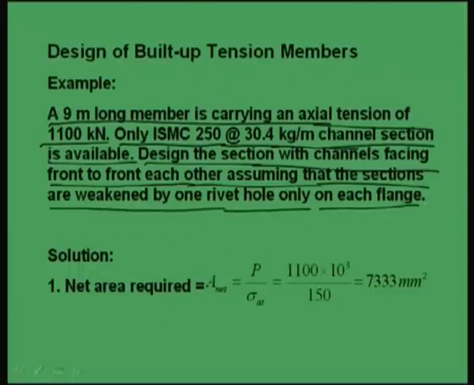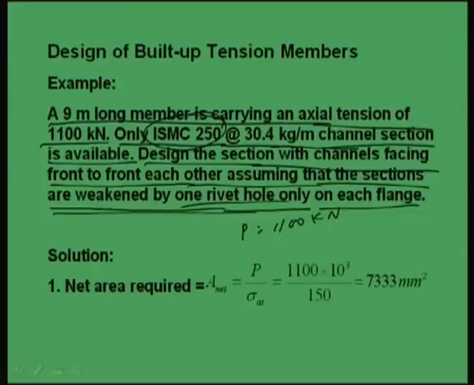The assumption is that only one rivet has been used in the flange. Okay. So the net area can be calculated accordingly. Okay. So the question is that P is given, which is 1100 kilonewton, and section size is given ISMC 250, right, and the rivets are placed one rivet in each flange.